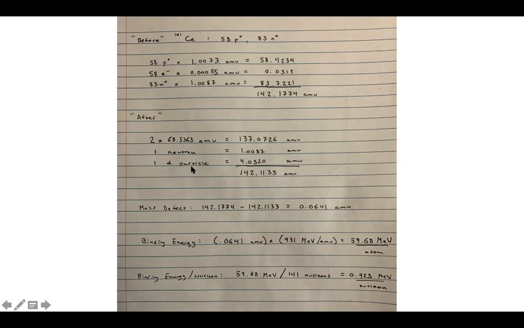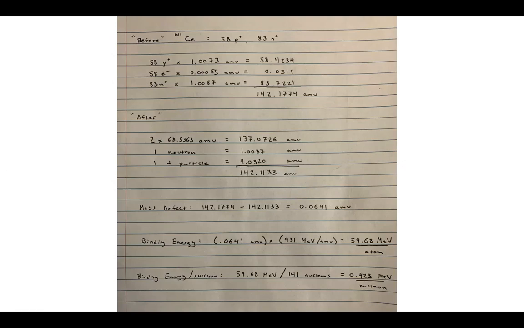And an alpha particle, because I didn't tell you otherwise, you're going to assume is equal to the weight of 2 neutrons plus 2 protons, which when you did that math would come out to 4.0320 atomic mass units. You add these all together and you find that on the product side, or the after side, your mass is 142.1133 atomic mass units.